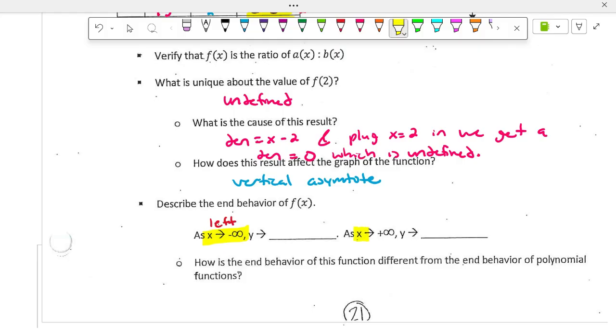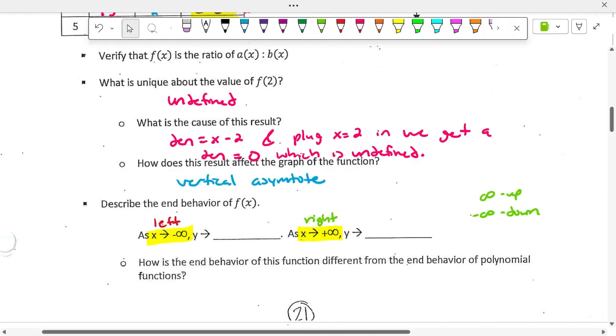And as x approaches positive infinity, we would talk about that as the right tail. And then remember, we would typically say y approaches up or down, whereas infinity is up and negative infinity is down. We learned that back in unit 3.